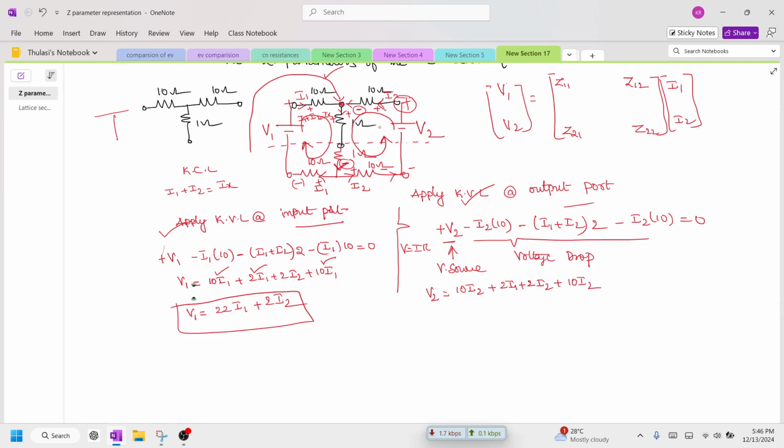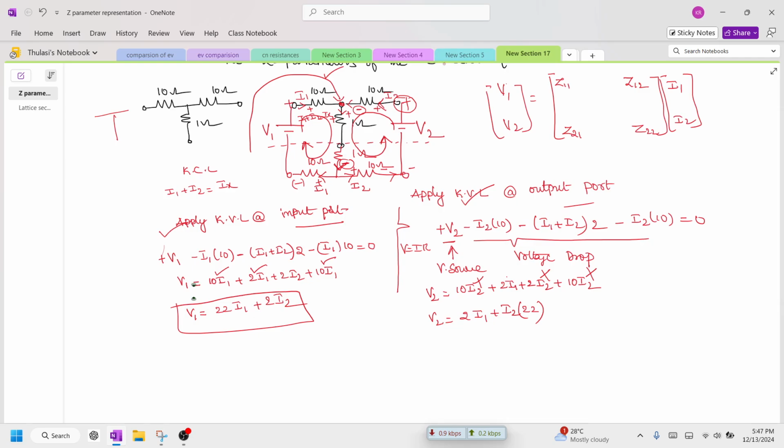So here when you are going to compare, this V2 is equal to, first term is 2 into I1, plus I2 into... so what are the terms? 10 plus 2, 12, 12 plus 10 is nothing but 22, it's over.